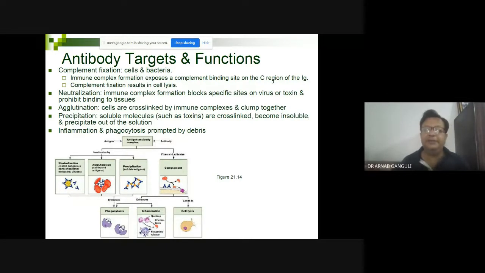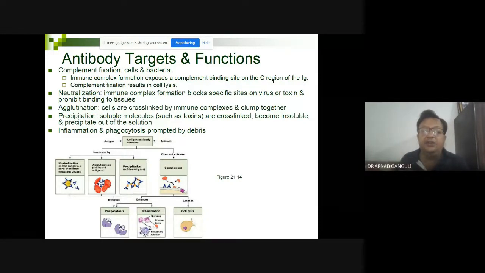Complements are basically a group of about 20 plasma proteins which target and kill invading antigens and bacteria by making holes in them. Before complement gets fixed, several antibodies coat the bacteria to make it more tasty.